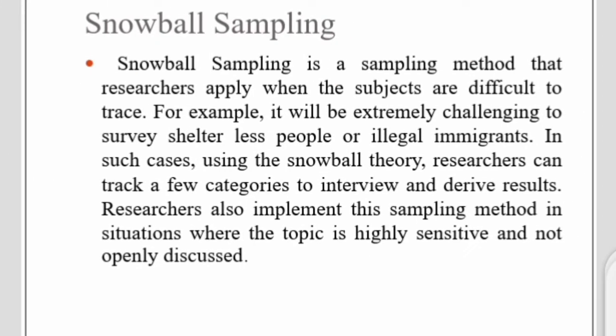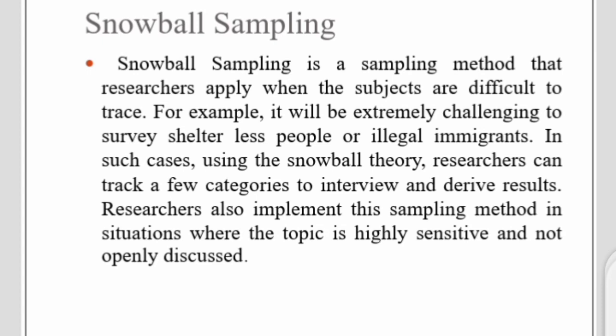Snowball sampling. Snowball sampling is a sampling method that researchers apply when the subjects are difficult to trace. For example, it will be extremely challenging to survey homeless people or illegal immigrants.